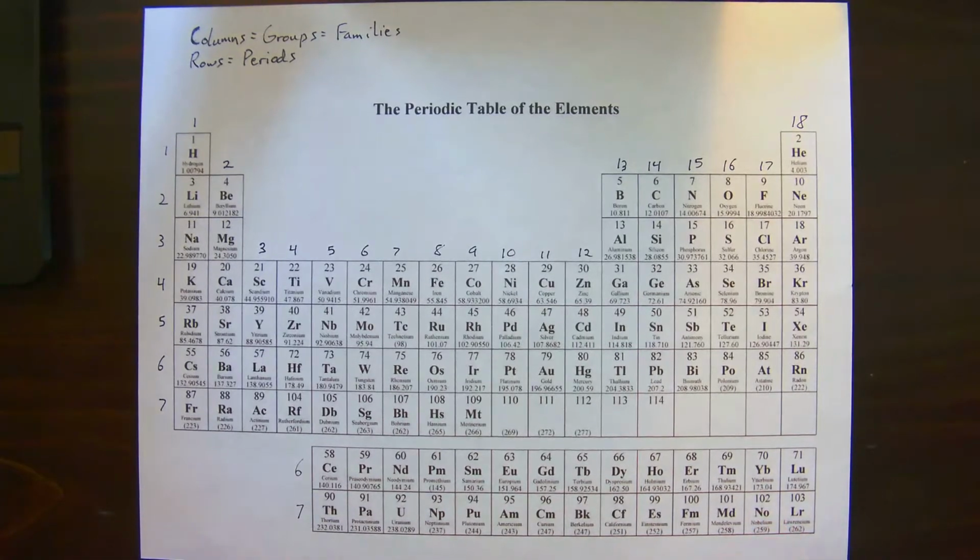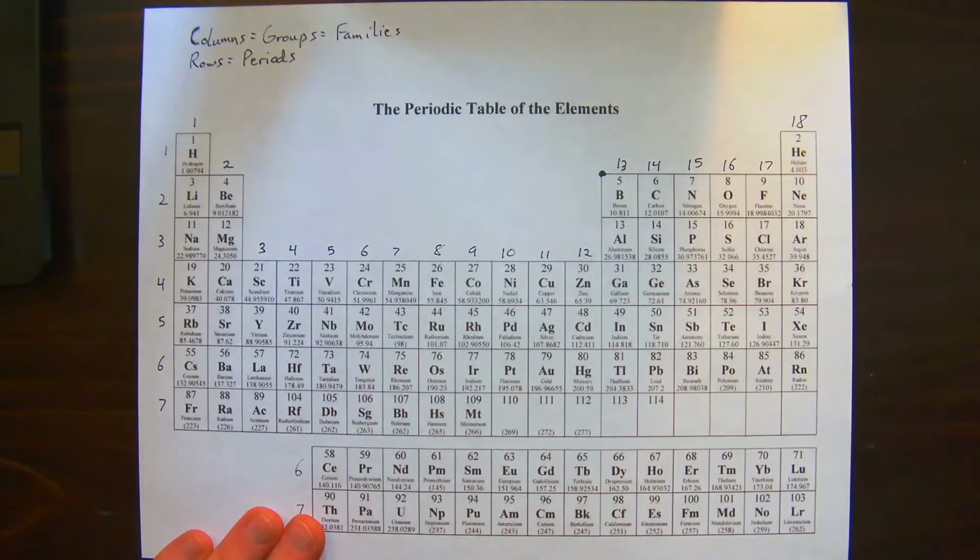Now, we need to talk about metals and nonmetals, because this is something that will be really, really important to be able to identify once we start talking about bonding, which is going to be very soon. So to tell where the metals and the nonmetals are on the periodic table, you've got to draw a happy little staircase.